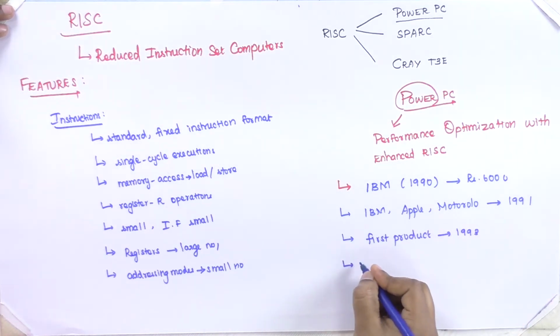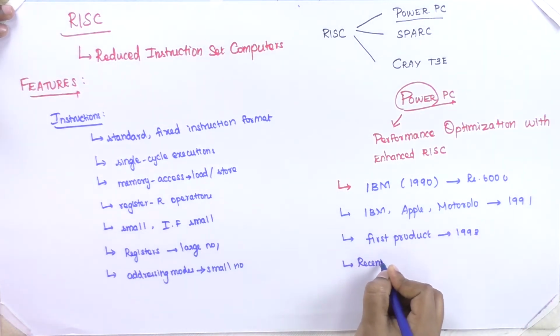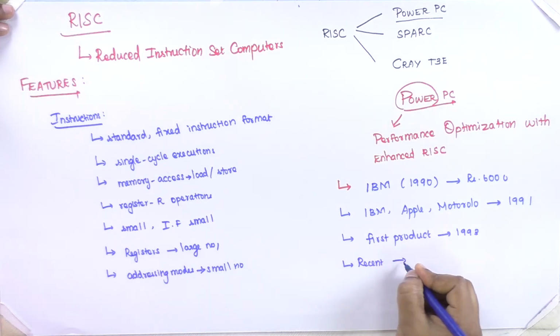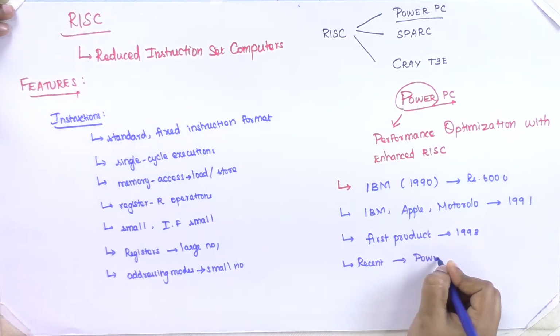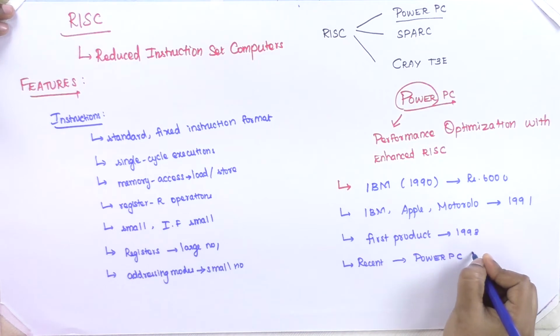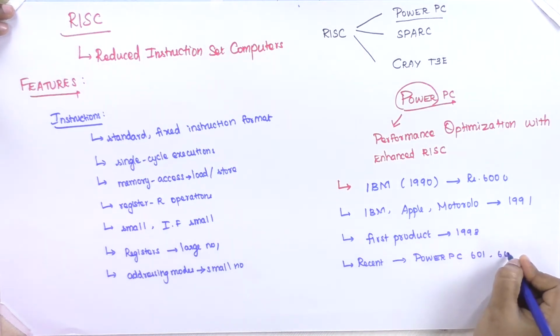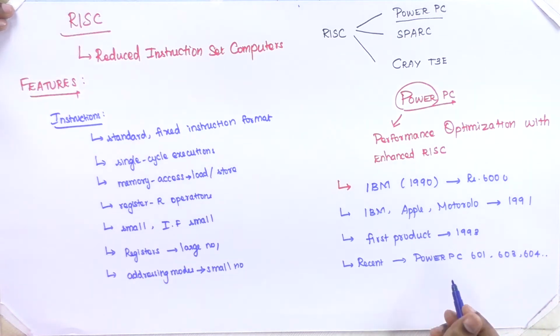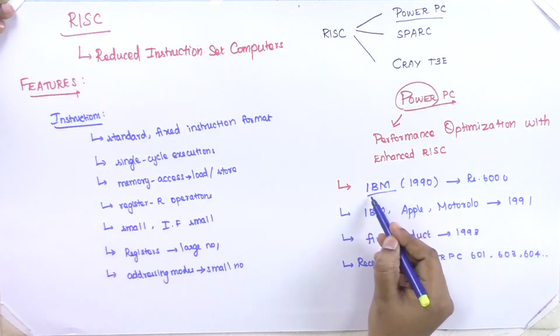The recent implementations of PowerPC architecture are PowerPC 601, 603, 604. So this is a general introduction about PowerPC architecture. It is developed by IBM.